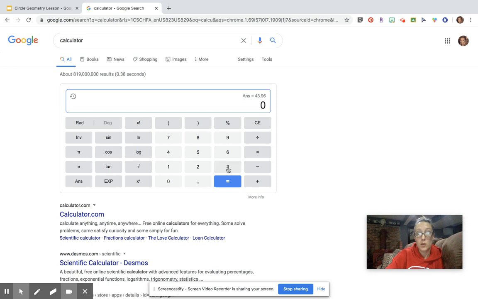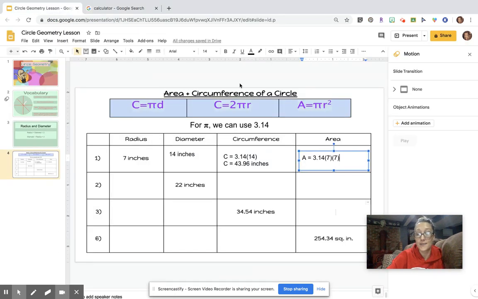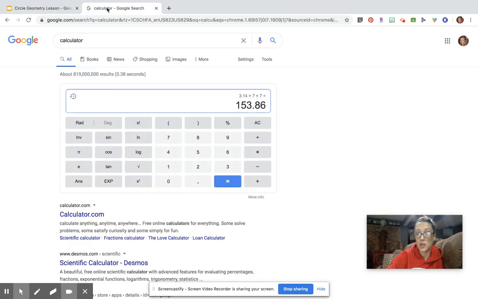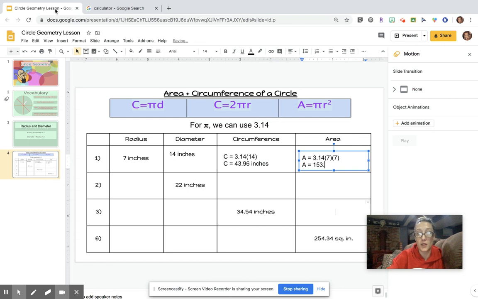So 3.14 times 7 times 7. And that's going to give me 153.86. So my area is equal to 153.86 inches squared, right? Or 153.86 square inches.